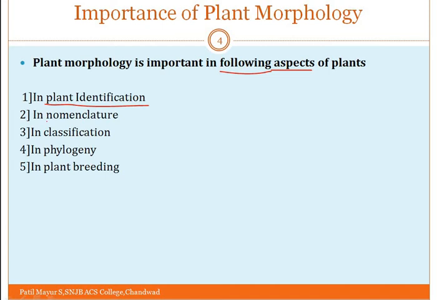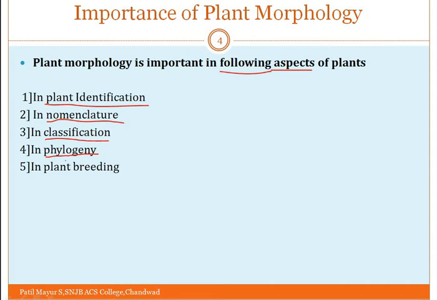Second, plant morphology is important in nomenclature. Nomenclature means what? It is just giving names to the plants. Then it is important in the classification of plants. It is important in phylogeny. Phylogeny means the study of the evolutionary history of the plants.